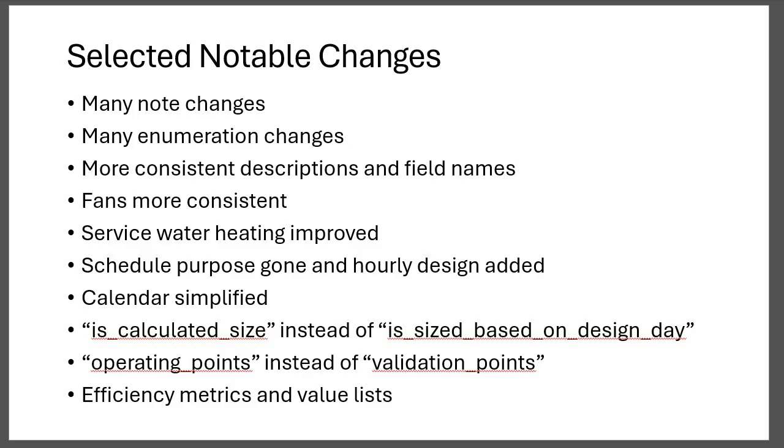These are really different operating points for equipment that were providing detailed performance, and those have been unified to be called operating points instead. And then we previously were using lists of metrics and values to describe the efficiency of, let's say, a furnace or something else that might have multiple metrics associated with it. And we've used that consistently throughout the schema now.